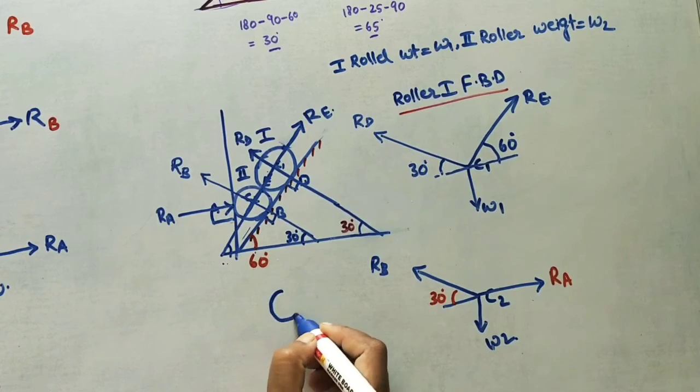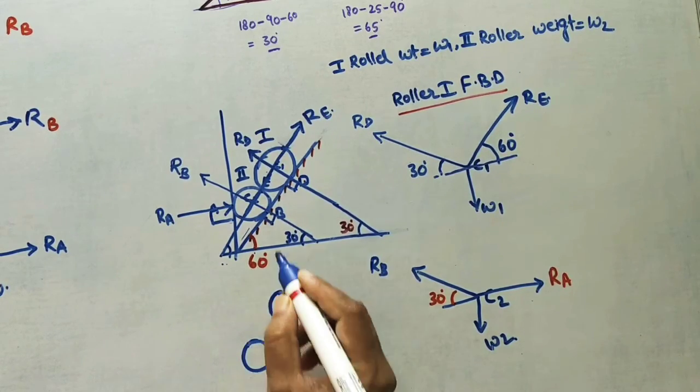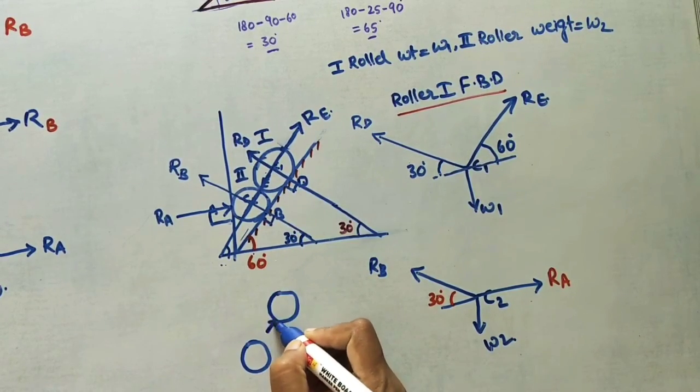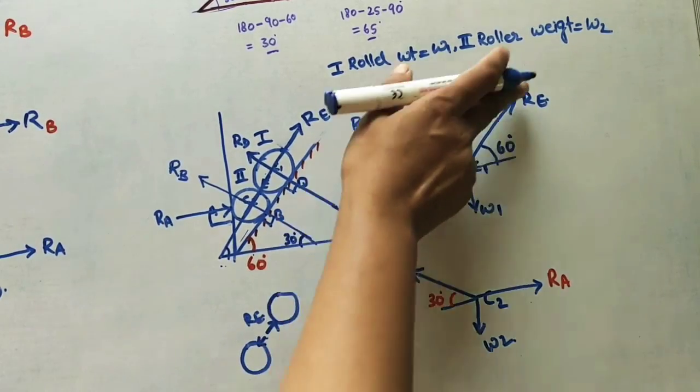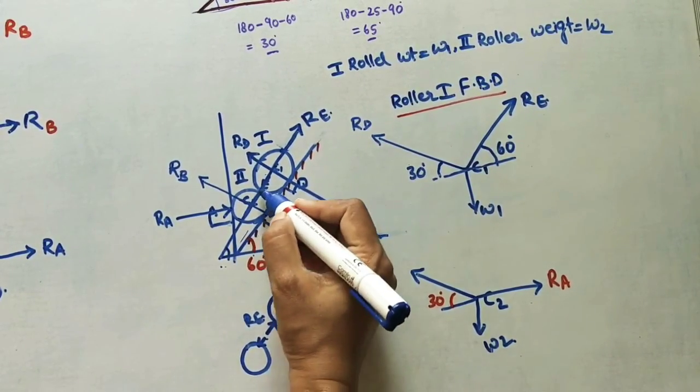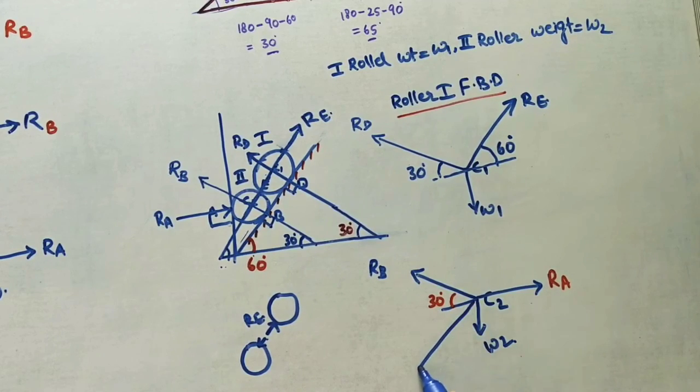Initially we assumed RE like this. Now the same RE comes in the opposite direction, according to Newton's third law. Initially we took RE in the upward direction, now at E point I am taking it in the downward direction. The same RE.